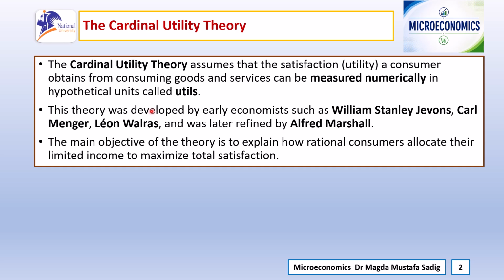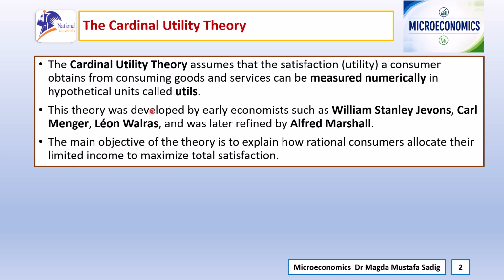Suppose you are extremely thirsty after walking for several hours under the hot sun. The first bottle of water you drink provides enormous satisfaction. We might say, hypothetically, it gives you 50 utils. The second bottle may still satisfy you, but perhaps only 35 utils.